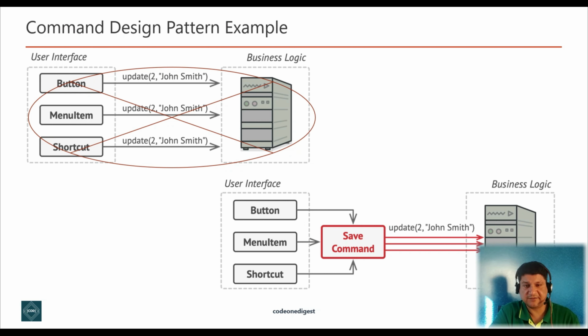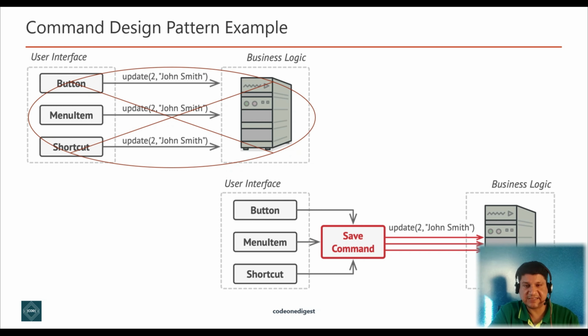The command object serves as a link between various GUI and business logic objects. From now on, the GUI object doesn't need to know which business logic object will receive the request and how it will be processed. The GUI object just triggers the command, which handles all the details.